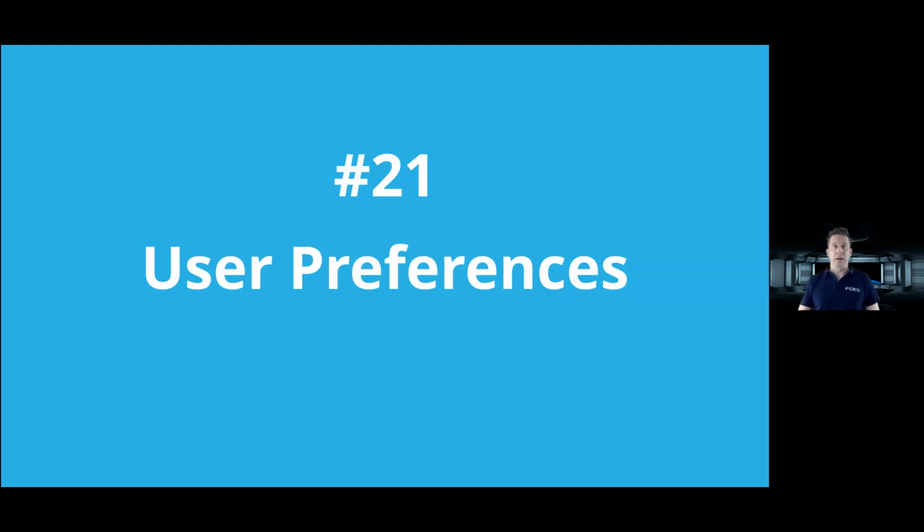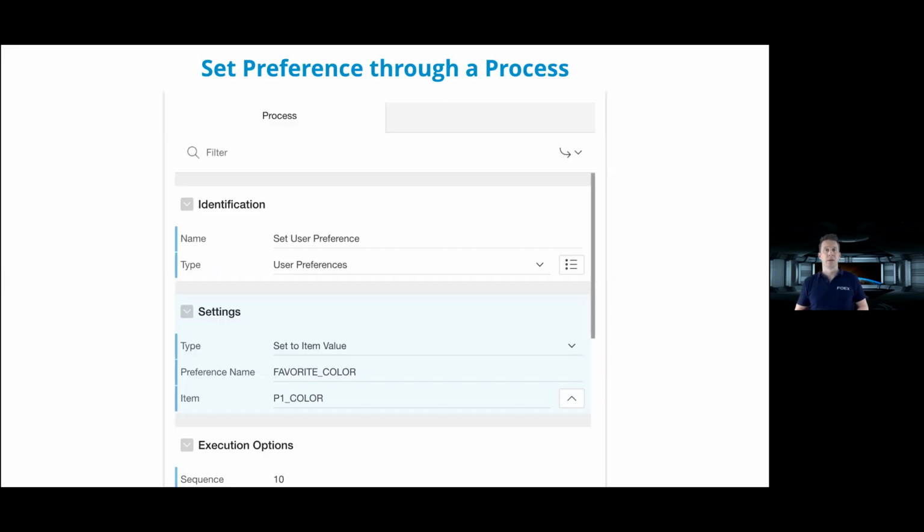Speaking of free, a very underutilized feature of Apex: user preferences. I think it's been there since day 1 or 2. It's an ability where Apex can store key value pairs for a particular user of a particular application. It's quite simple.